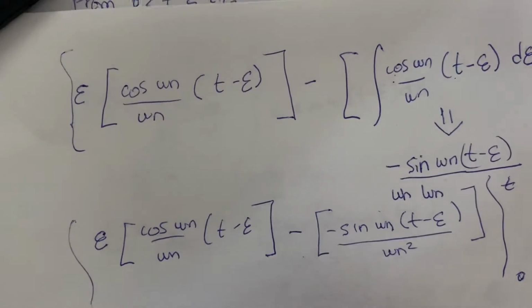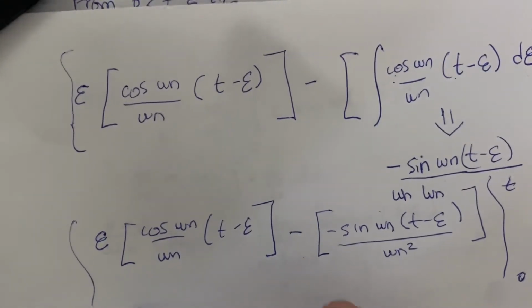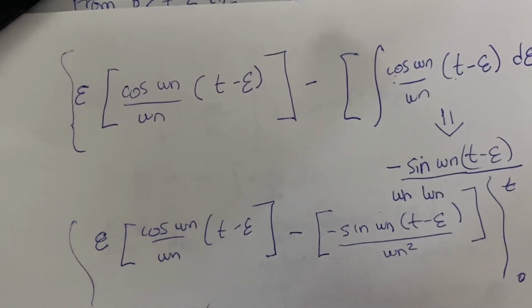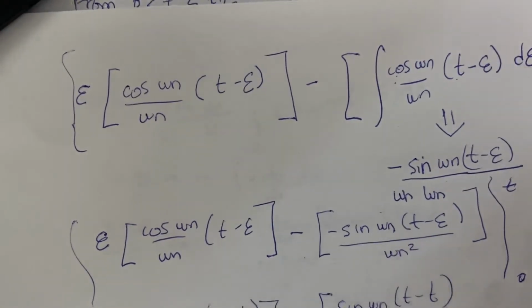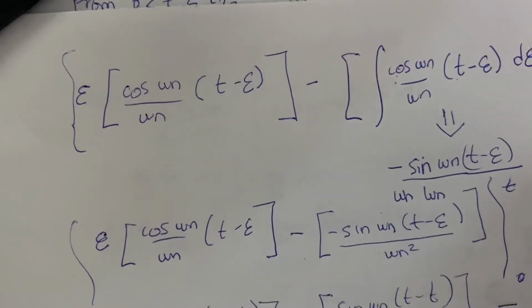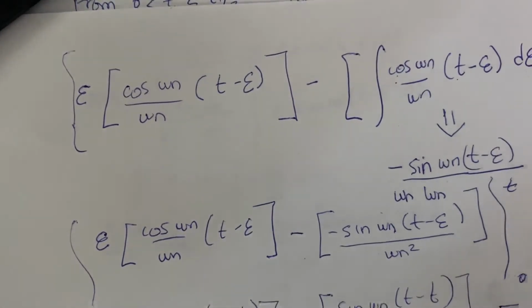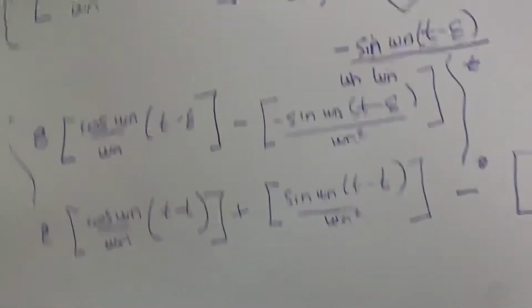So we're going to get epsilon cosine wn t minus t, and plus sine wn t minus t over wn squared, minus, now we're going to evaluate in terms of 0. Okay, let's put this a little bit up.